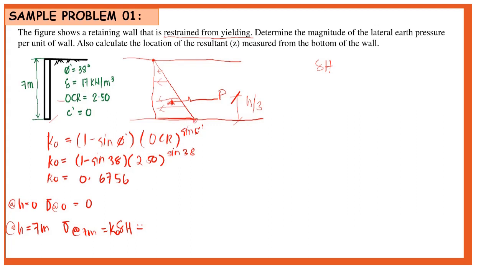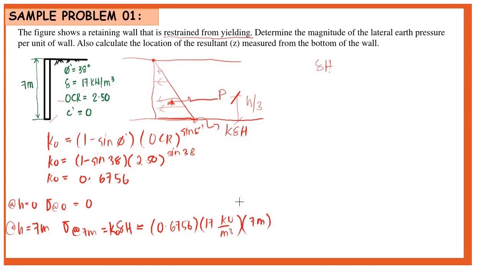So our pressure here is K gamma H. So that is equal to K, our K is 0.6756. Our unit weight is 17 kilonewton per meter cube, where H is equal to 7 meter.